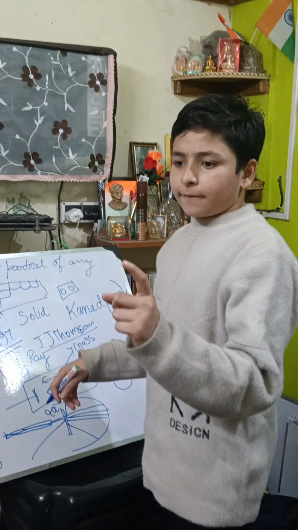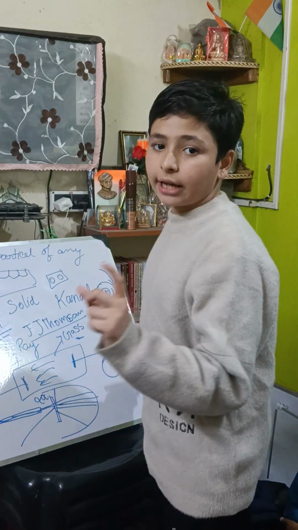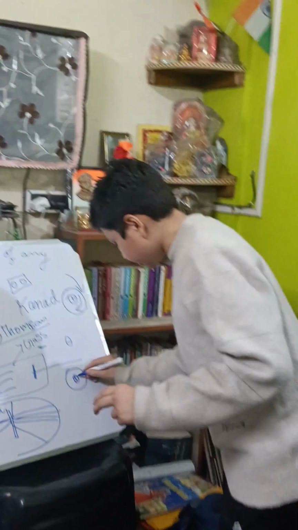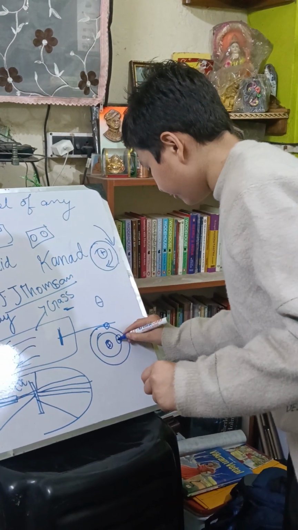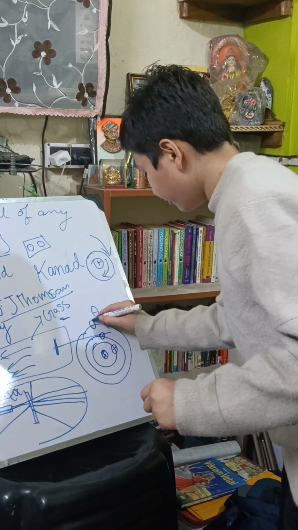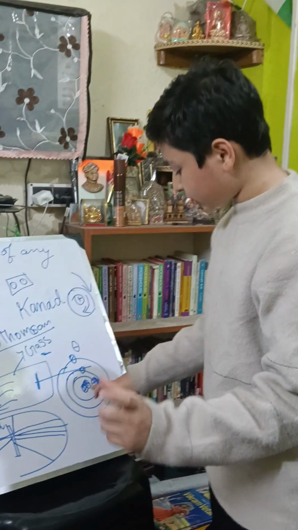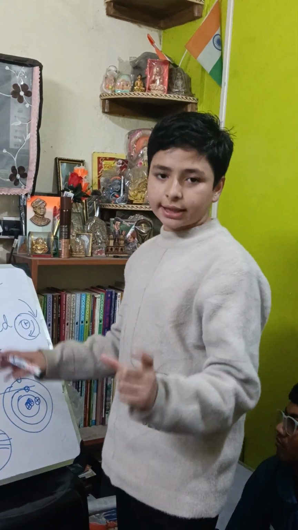So he created a new model which is used till now, like this: positive in the center, and negative around it. Beside the positive proton there is the neutron, and the other parts have electrons. This is the atomic structure which is used till date.